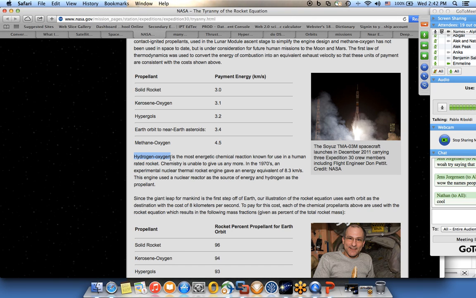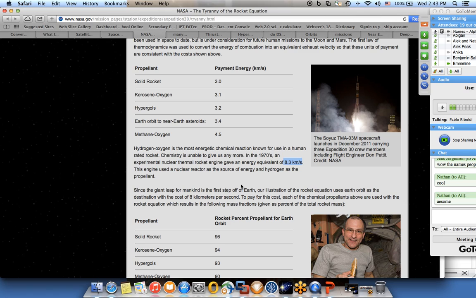So if you have liquid hydrogen and liquid oxygen and you ignite those together, those would put you at 8.3 kilometers per second. Okay. There are some people trying to see if they can use nuclear reactors as the source of energy and hydrogen as the propellant.